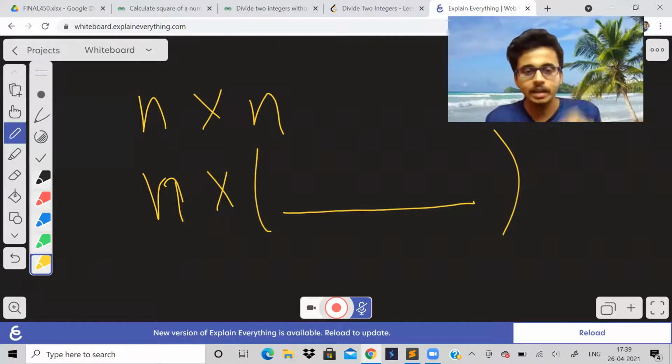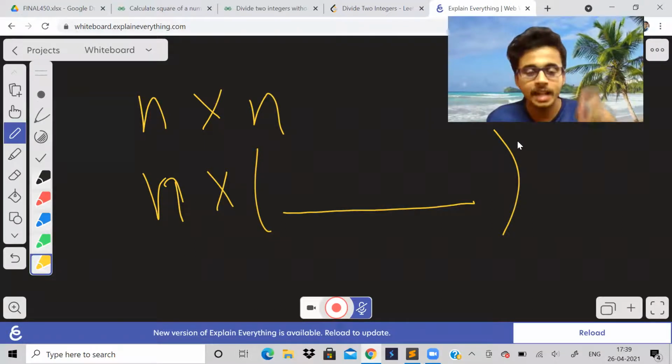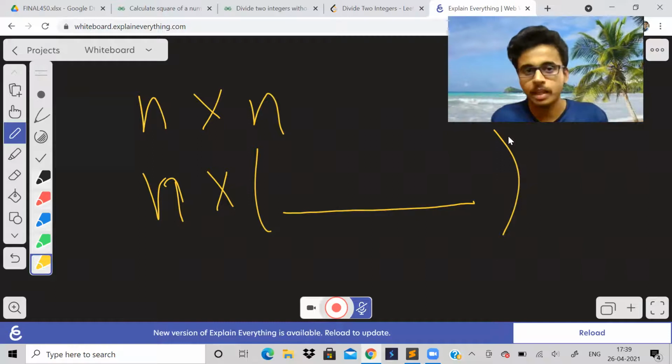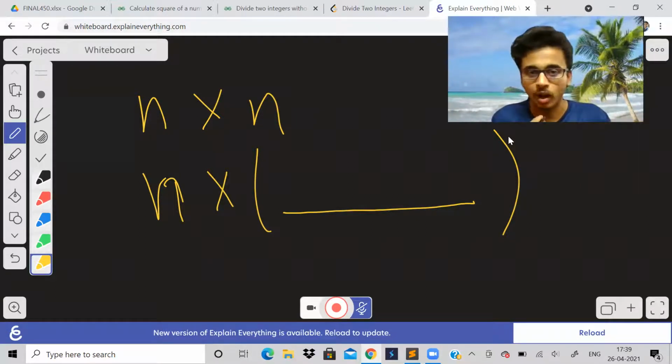Each and every number can be expressed as sum of numbers which are powers of 2. I'll repeat that. Each and every number can be expressed as sums of powers of 2. For example, if you want to express 10 only with powers of 2, how will you do it? 2 plus 8.